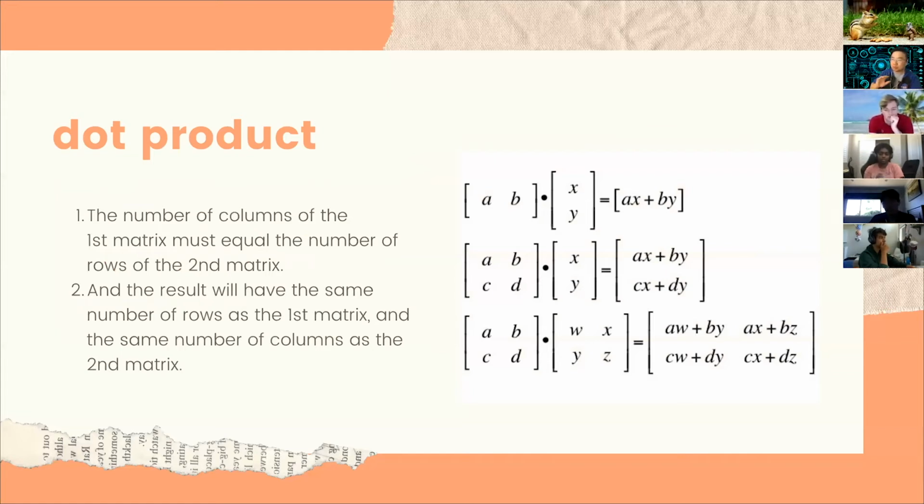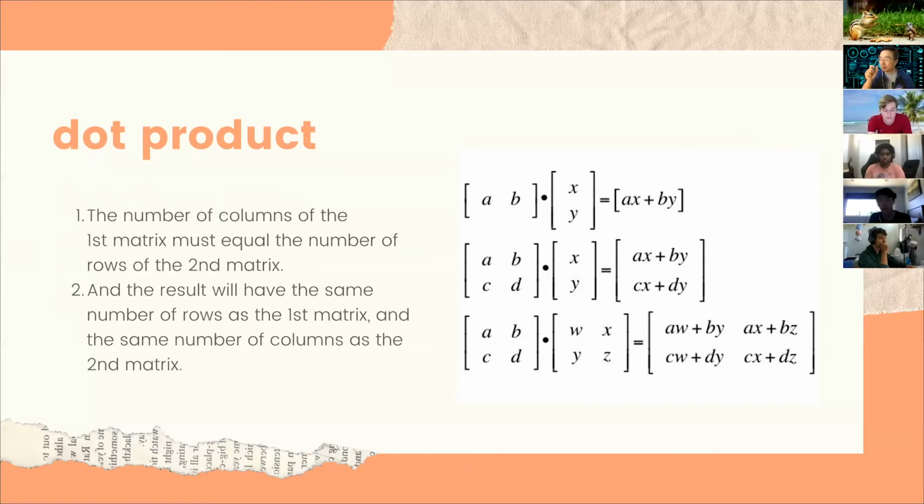Things can quickly get out of hand if you have more than just one dimension in one axis. So look at the bottom example: A, B, C, D times W, X, Y, Z. Again, you focus on the first row, which is A, B. You rotate it, and what you get is A times W plus B times Y, and that's the first element.